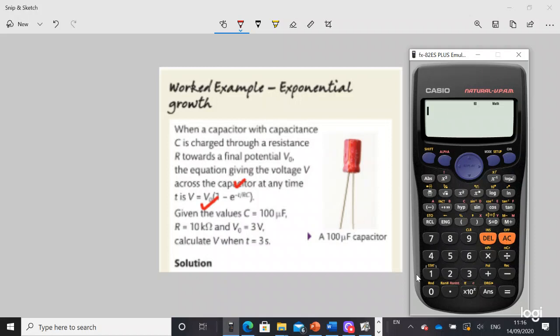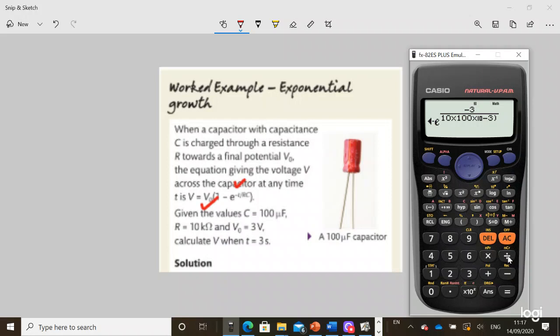So this is a charging, so I need to use the charging function. V naught is 3, bracket 1 minus E to the power of, so fraction, minus 3 seconds all over 10, because it's kilo and it's micro, so I'm just going to use 100 times 10 to the power -3.